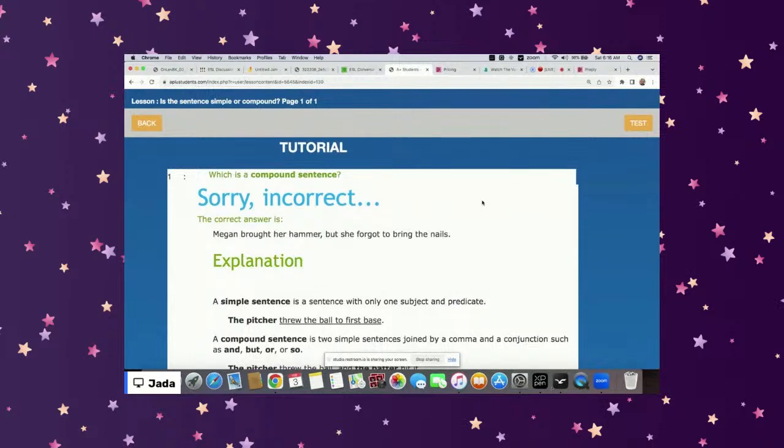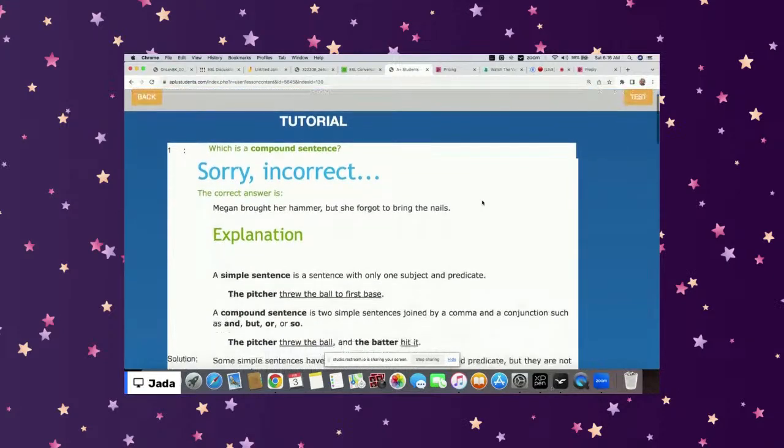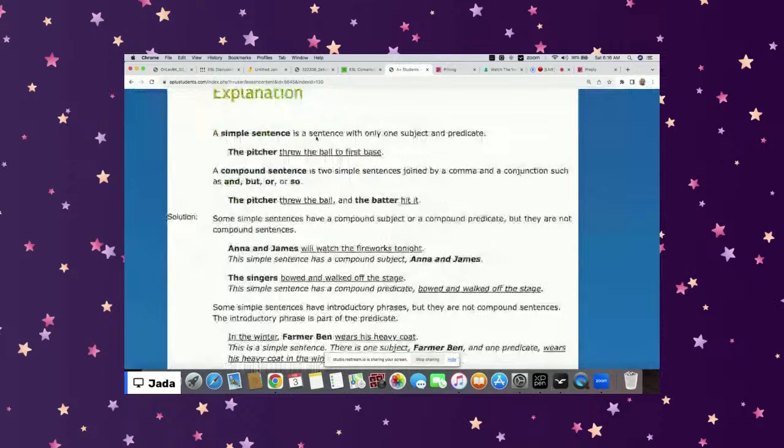Okay, the next lesson is the sentence, simple or compound. All right, the first one is a simple sentence is a sentence with only one subject and a predicate.